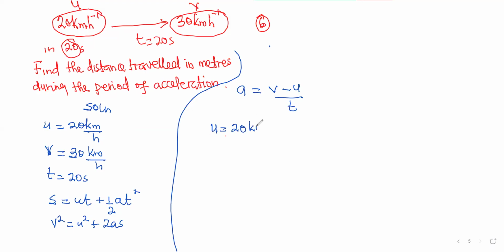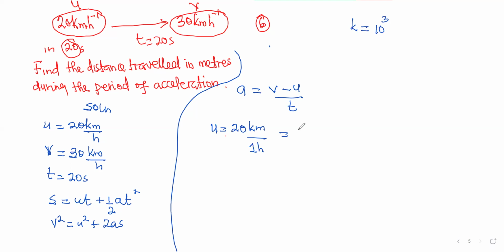So 20 kilometer divided by 1 hour. Now, kilo is a prefix. After today's class, I'll send you charts of prefixes, because as disciples of physics, these prefixes must be at your fingertips. Kilo is 10 to the power 3.